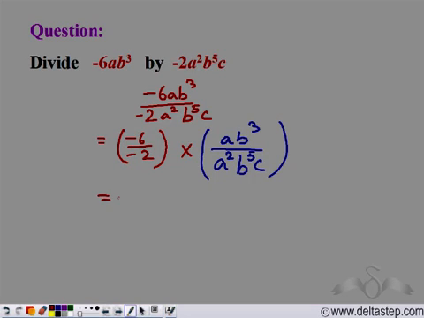So negative negative cancel, 6 by 2 is 3, and a divided by a square gives a in the denominator. b cube divided by b to the power 5 gives b square in the denominator, and we have a c in the denominator. So we get the answer as 3 by a b square c. So 3 divided by a b square c.